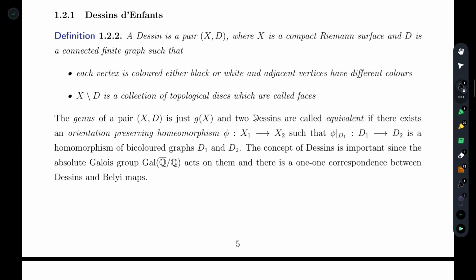Yeah, so is this definition okay? Yes. So this is homomorphism in the sense of graphs. There is a notion of homomorphism between two graphs. So if I restrict phi to this graph, it becomes a homomorphism between D1 and D2.